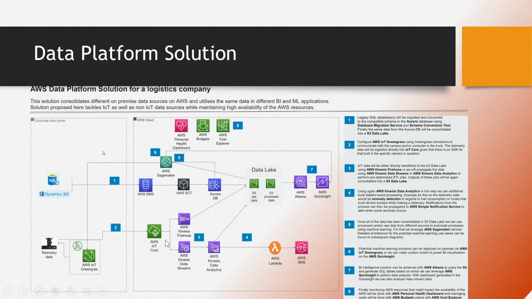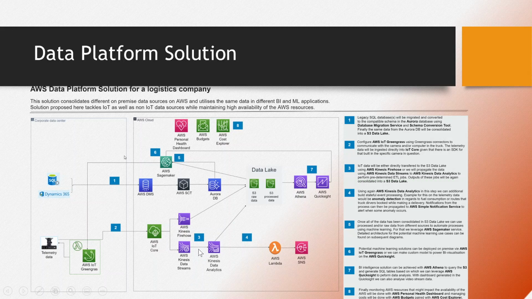But the other path, as you noticed here, is using the Kinesis data streams and Kinesis data analytics to perform streaming analytics. So what does this mean? Instead of waiting for the data to go into the data lake and then perform something here, we can do it almost automatically.